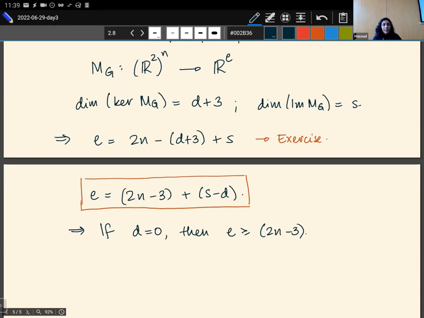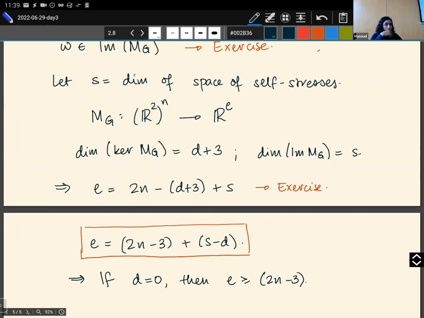It doesn't yet tell you anything about pointed pseudo-triangulations, because how do you compute S? Is that a question? I'm just not seeing where we get any equation. I think you're computing, so the equation you get is by writing down two formulas for the rank of the matrix MG. So you can either compute the rank using the source and the kernel, or using the image and the codomain.